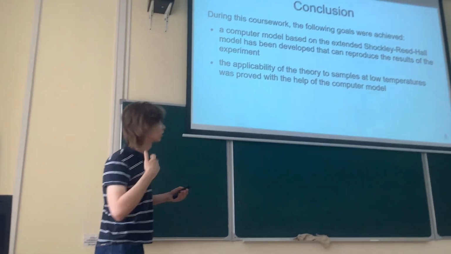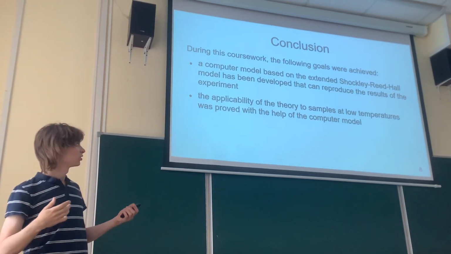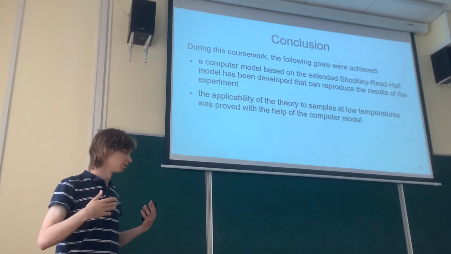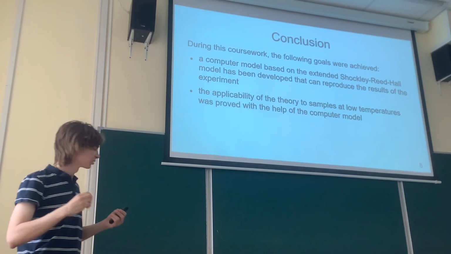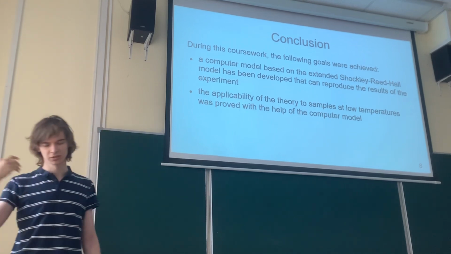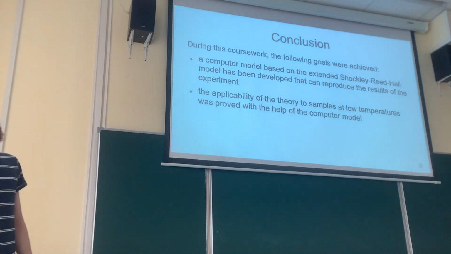However, because we need to use empirical estimates, we are still far from a complete description of all recombination events in perovskites, so we need to study it more. That's all. Thank you for listening.